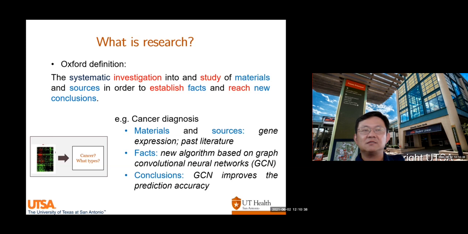The facts can be different from what we are used to or accustomed to in engineering. So here, for example, we talk about facts being a new algorithm, but in scientific areas, the facts are often new discoveries. Okay, so I want to point out the differences between the engineering type of study and scientific study, and the difference in the concept of facts.